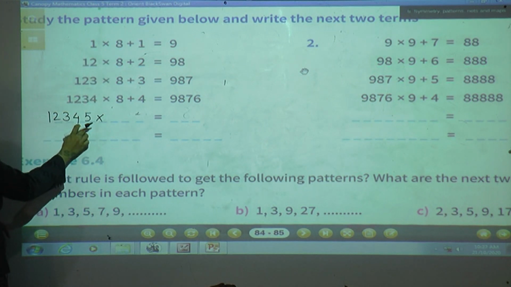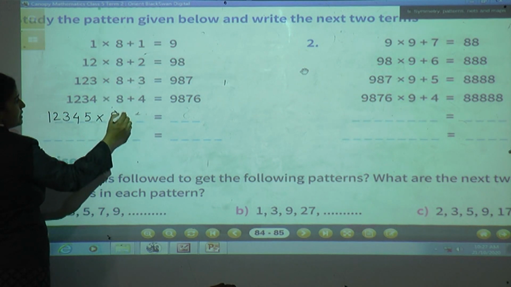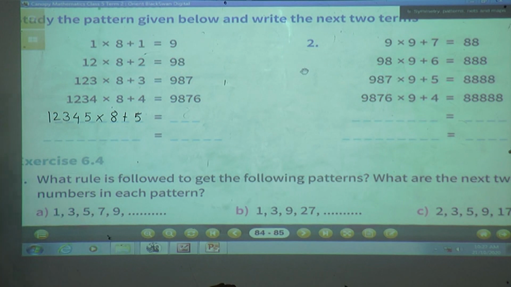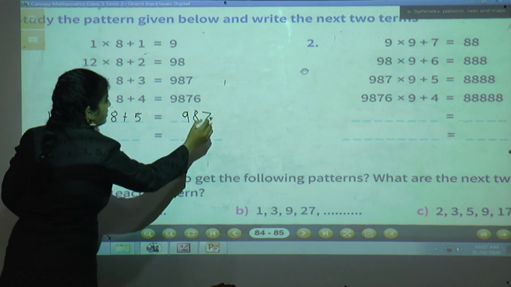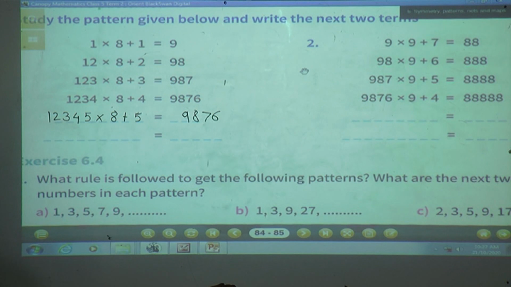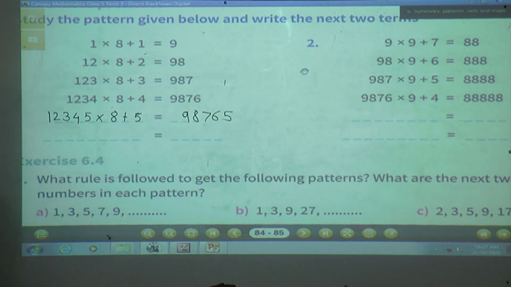So that's why here it will come 5 and 8 as it is. Even here it will come 5. So the multiplication is 7, 60. Here 5. Okay, now the next pattern will come.